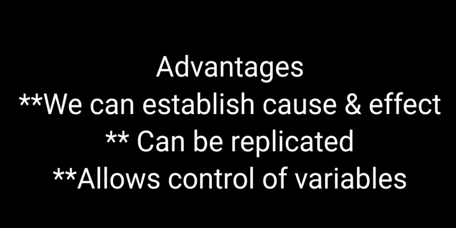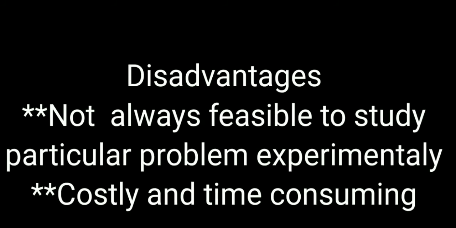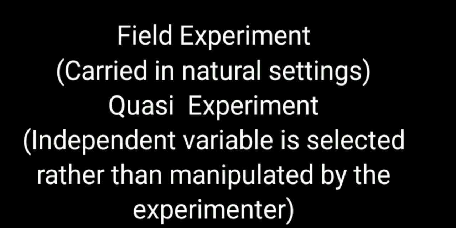It allows control of variables. There are some disadvantages of the experimental method also. It is not always possible to study a problem experimentally, and the method is very costly in terms of money and time. Other than lab experiments, there are two more types of experiments, and they are field experiments and quasi-experiments.